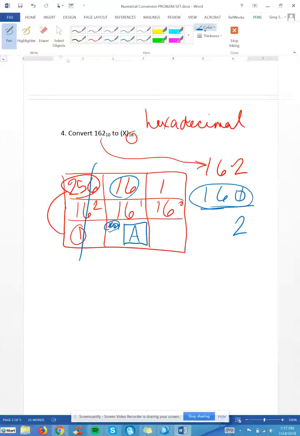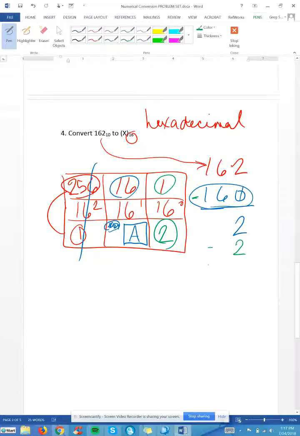I'm going to go ahead and change color and see what I can do with this. How many 1s can you take away from 2? I think if you look carefully, you can do 2. So 2 times 1 is 2.